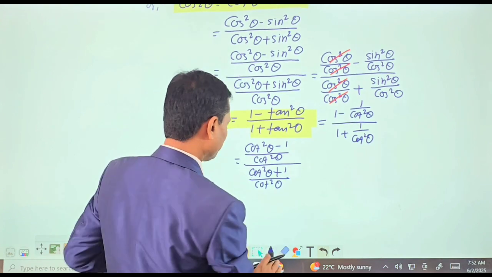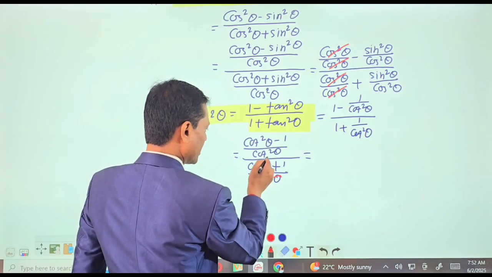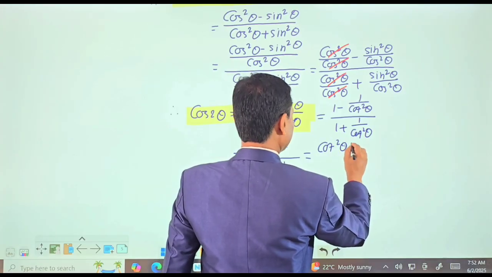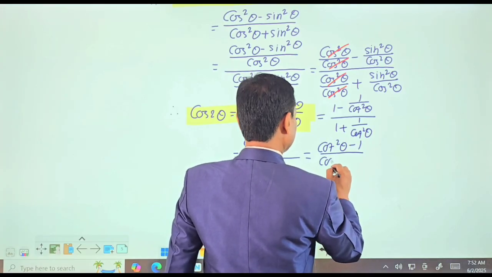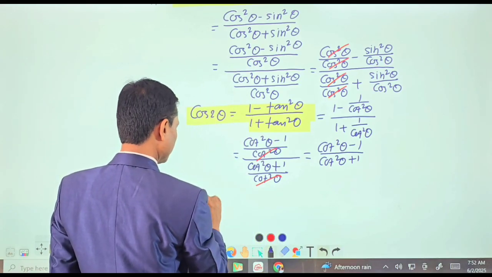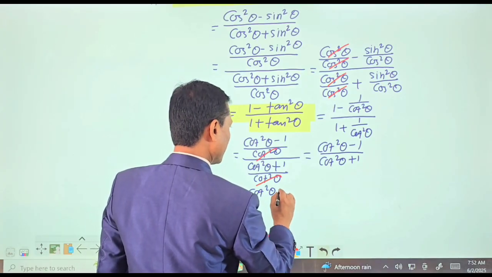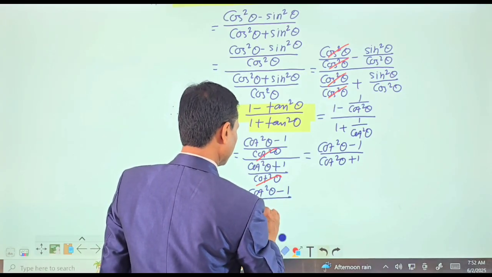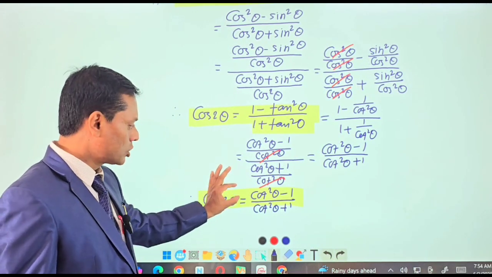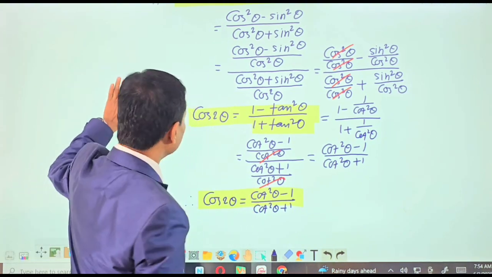Right? Yes, you can see here. After that, cot square theta and cot square theta we can cut up and down, and the remaining we have cot square theta minus 1 over cot square theta plus 1. So we have got another formula of cos 2 theta, that is cot square theta minus 1 upon cot square theta plus 1.